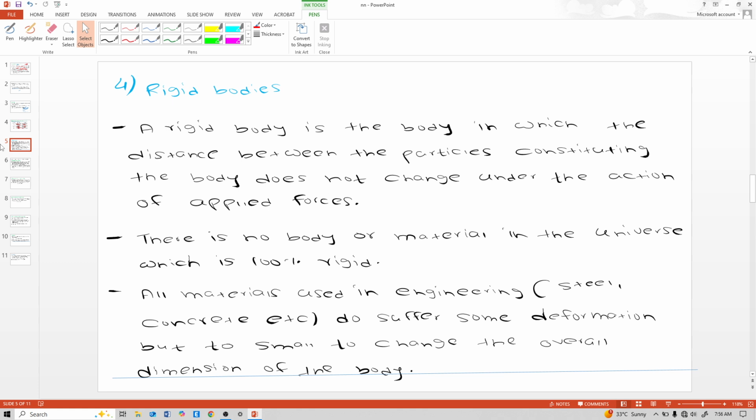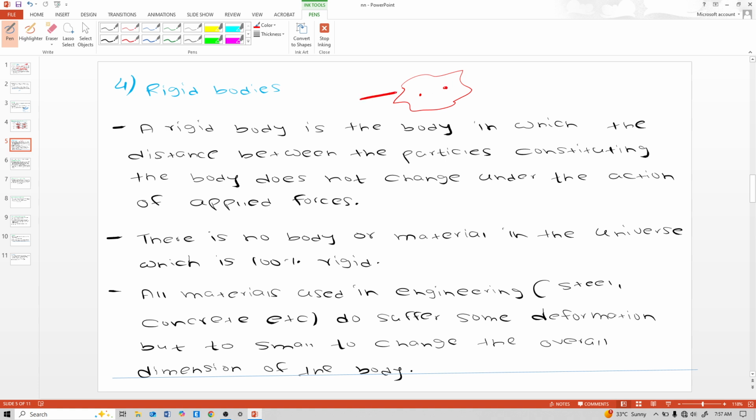Now we will move towards the rigid body concept. First, read this definition. A rigid body is a body in which the distance between the particles constituting the body does not change under the action of applied forces. So let us consider this as a body made up of several particles, and we take interest in this particle and this particle.